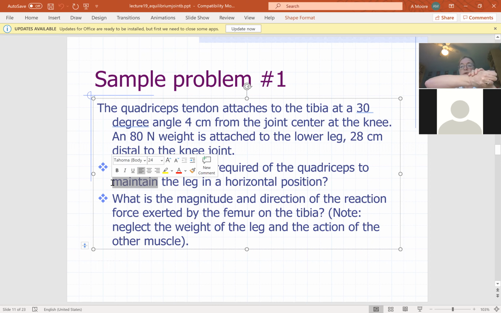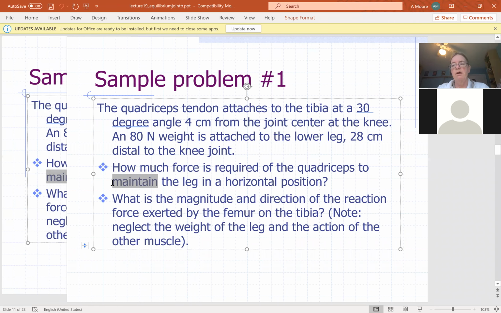Maintaining, like if I'm doing any kind of scenario where I'm holding a joint against gravity, a load against gravity, or pushing on a machine, and I'm maintaining the posture, that means I'm not moving.